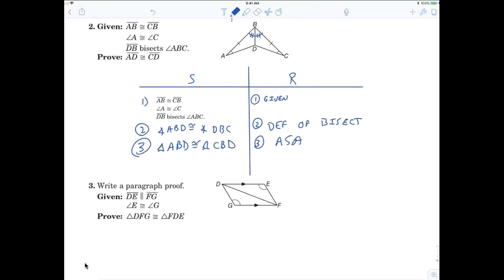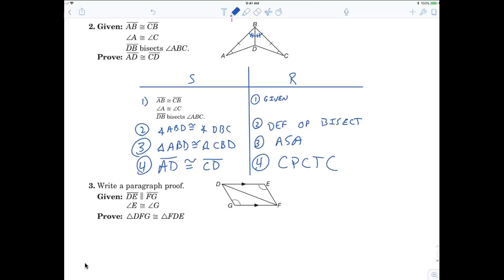Now, the triangles are congruent. We still don't have AD congruent to CD. All right, but does everybody agree that triangles are congruent? So now you say AD is congruent to CD by CPCTC.